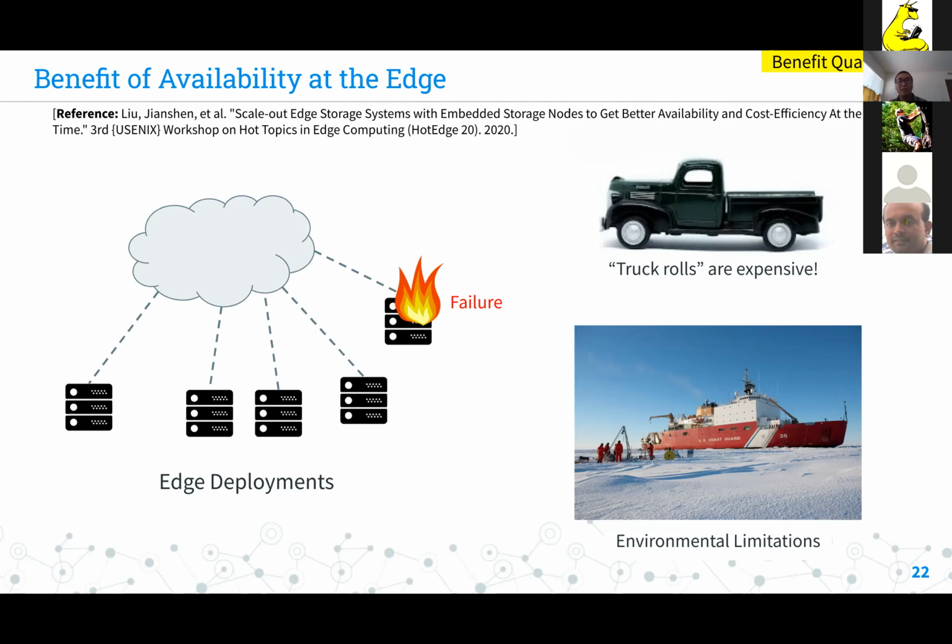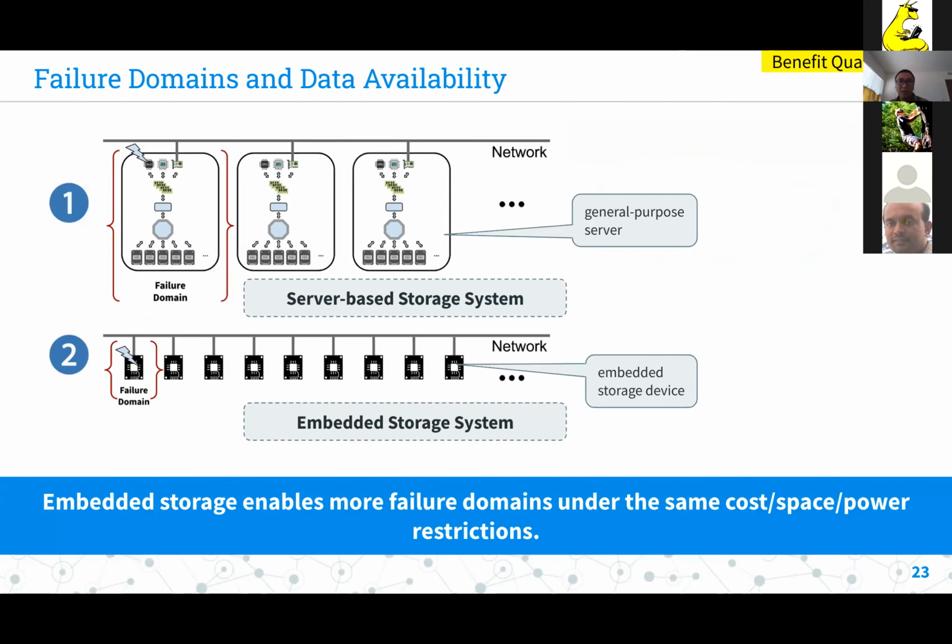And so in this work and in our previous work, we compared two different systems. One is the server-based storage system that is built with general purpose servers, and the other system is the embedded storage system that is built with embedded storage devices.